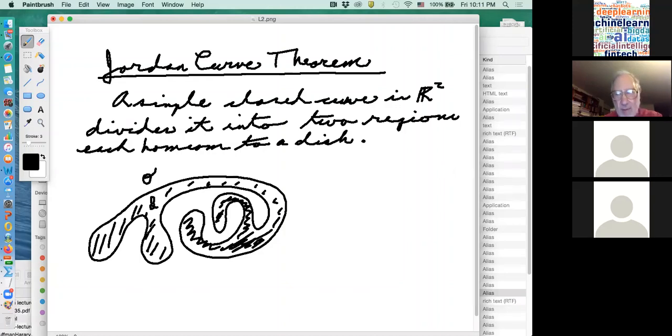So I will convert a knot diagram, or a flat knot diagram, into a Jordan curve in such a way that I can get the coloring for the knot diagram back. So let me show you what I'm going to do.